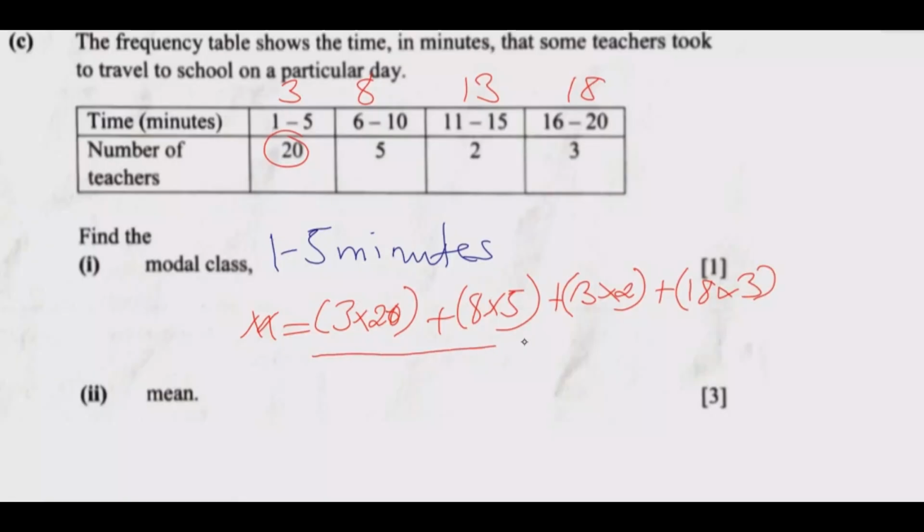The whole of that divided by the total. Here the total we have is 20 plus 5, 25, plus 2, 27, plus 3, 30. So we have got 30 teachers here.